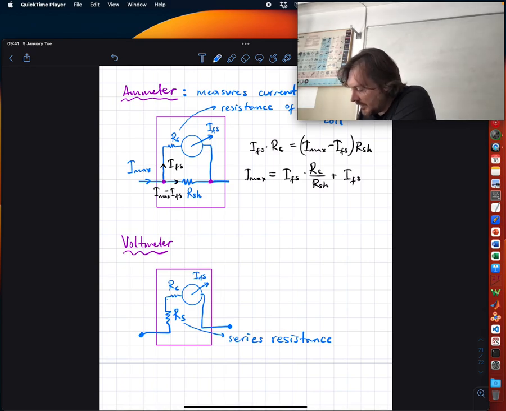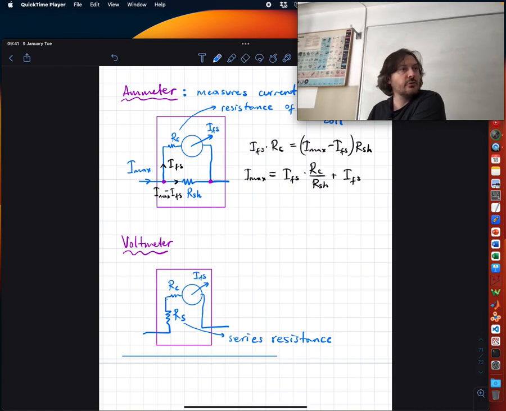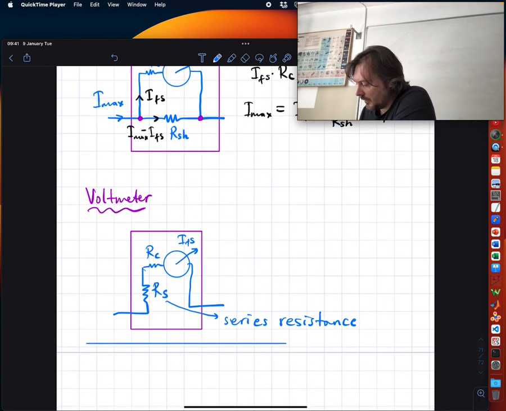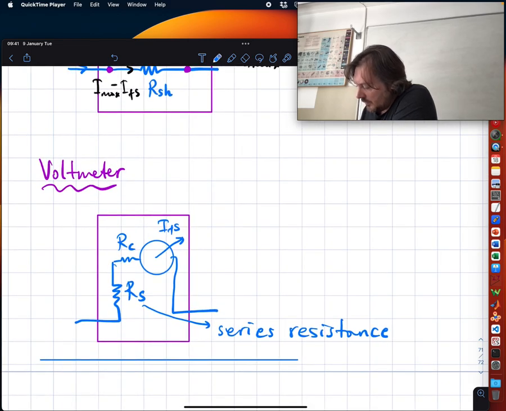Okay, so basically, let me do it this way. Let's say I have a wire here. Let's say there are 2 points here, A and B, and I connect my voltmeter there, and there is some current, IFS.